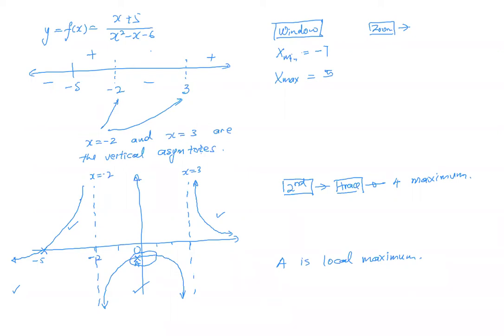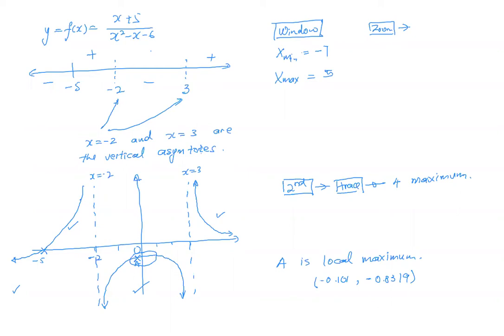Then the screen will say that the X is negative 0.101, correct? And the Y is negative 0.8319. So later we will use our calculus to get the exact value of it.